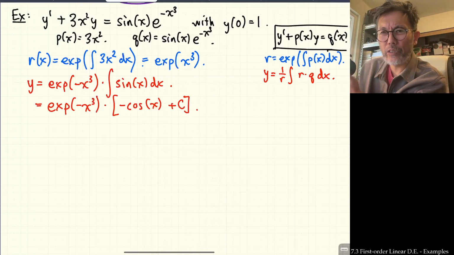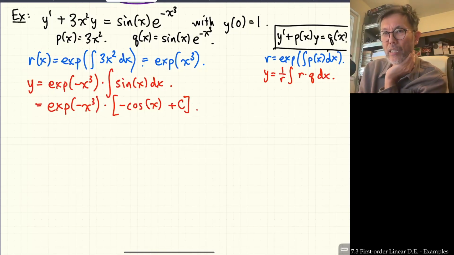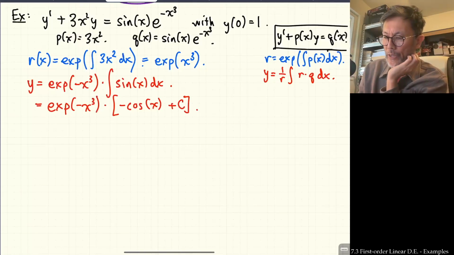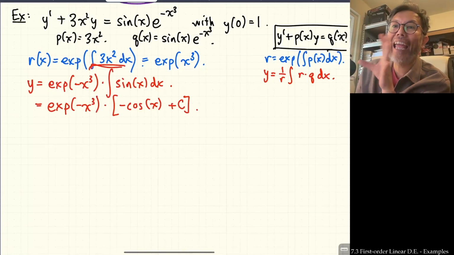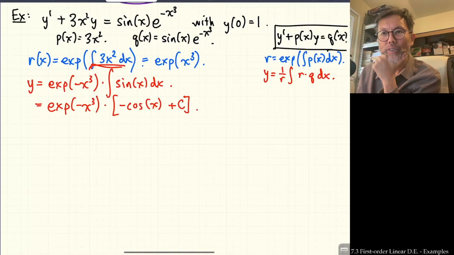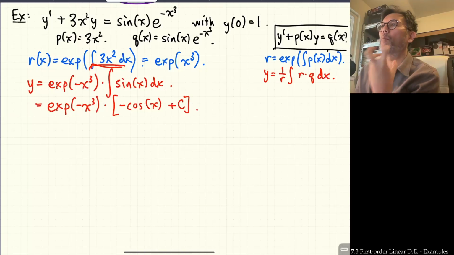Notice, you have to keep it straight. In the integrating factor, because we're looking for a specific function, we don't write the plus c. This thing here is an antiderivative.